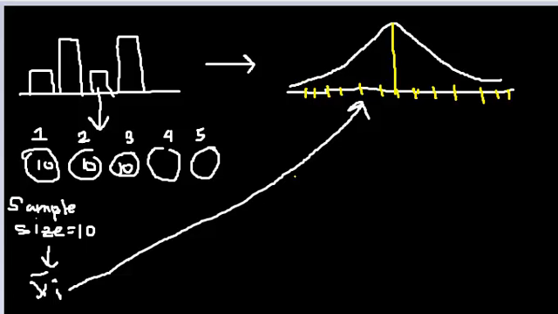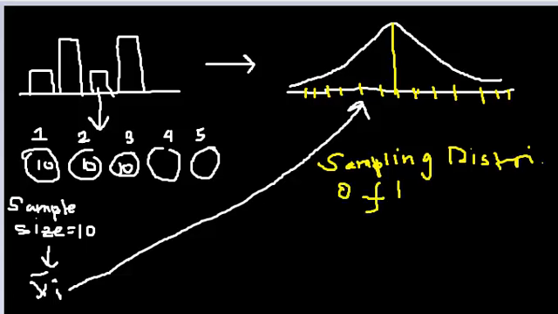So again, we call this a sampling distribution. I hope you understand why it's called a sampling distribution, for the reason that it is obtained by getting samples. Sampling distribution of the sample means.